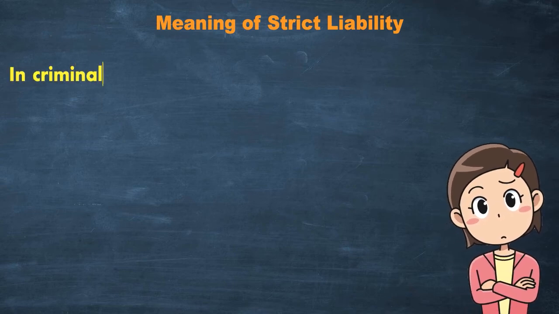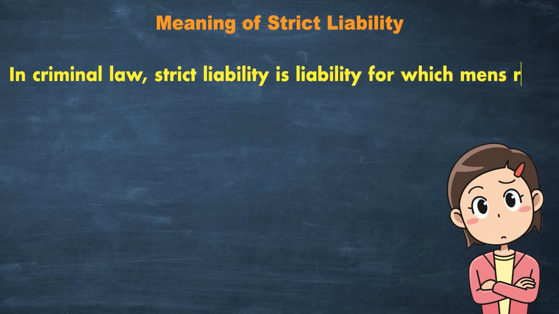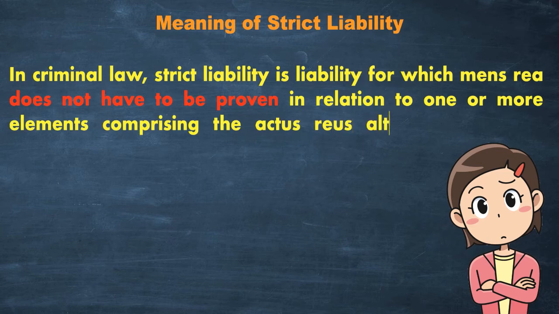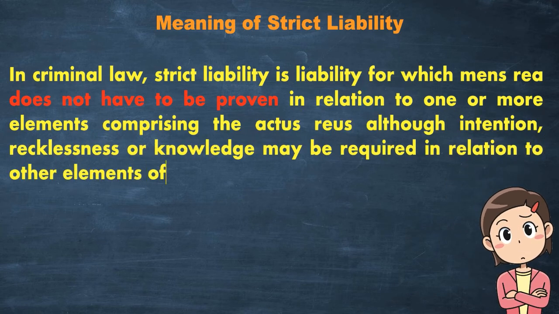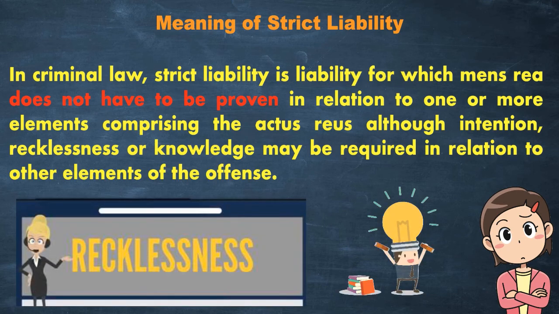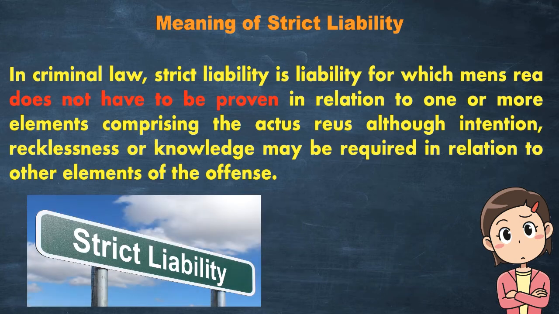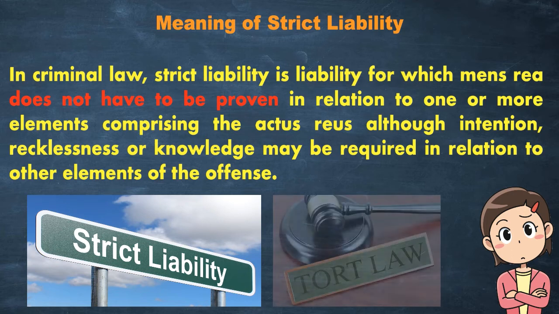In criminal law, strict liability is liability for which mens rea doesn't have to be proven in relation to one or more elements comprising the actus reus, although intention, recklessness, or knowledge may be required in relation to other elements of the offense. First, try to remember the concept of strict liability from when we were studying tort law.